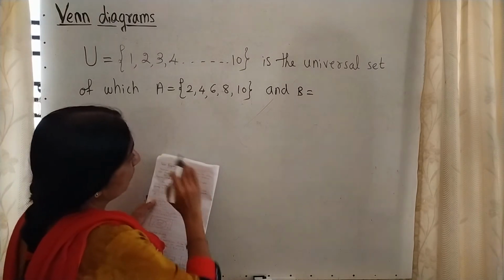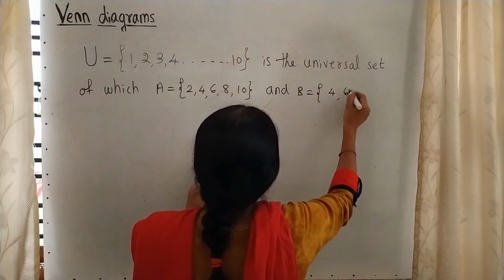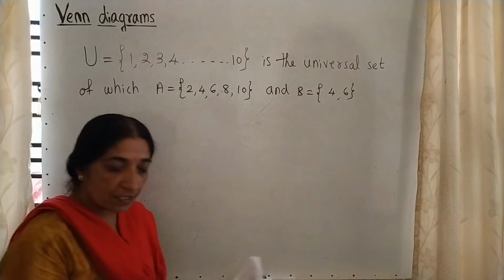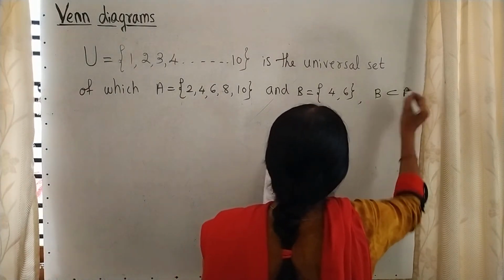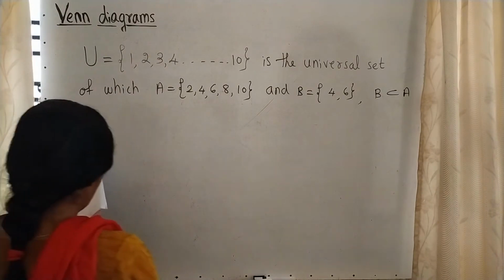No, I am writing something different because we have one more set, B. B is 4 and 6. What is the relation between A and B you are observing? You know that B is a subset of A. By seeing only, you can say that B is a subset of A. Both A and B are subsets of the universal set.